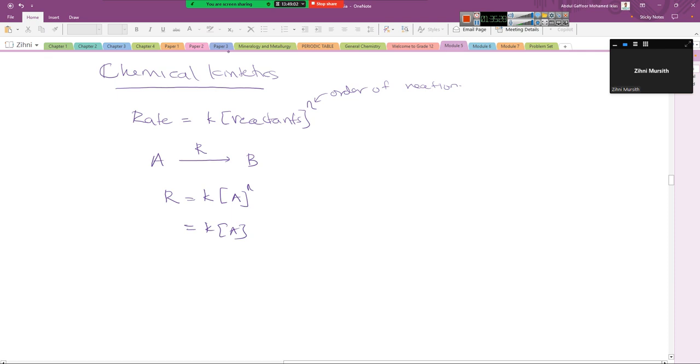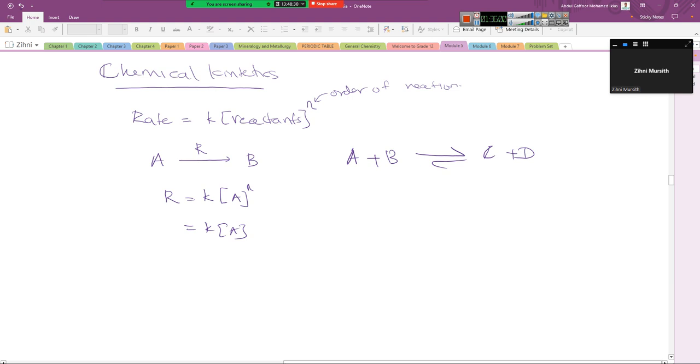So now with this idea, we are going to apply this equation to a reversible reaction, right? So let's assume we have an equation something like this. A plus B gives me C plus D, right?